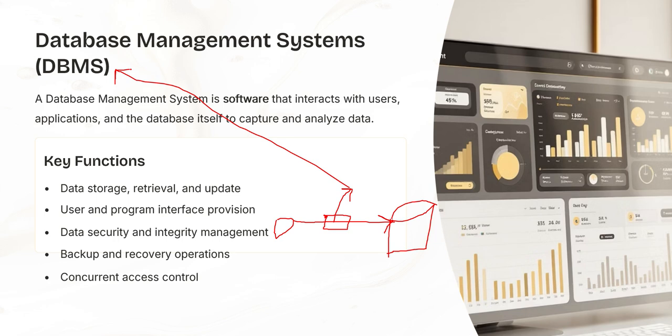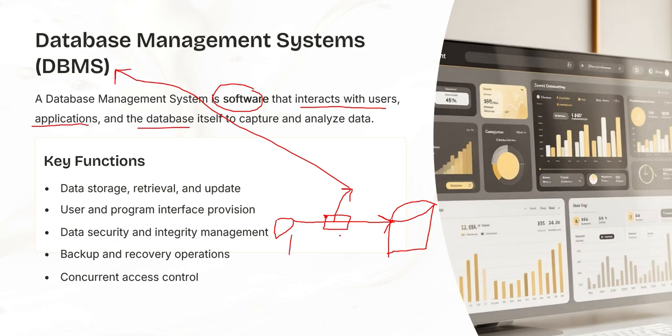If a user would like to manage the database, whether it is adding data, removing data, modifying data, or creating the database for that matter, all of this the user will be able to do only through DBMS software. So what exactly is DBMS here? DBMS is just a software that interacts with users, the software application and the database.